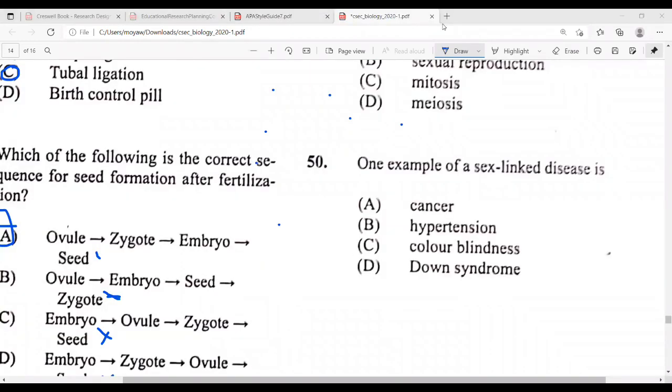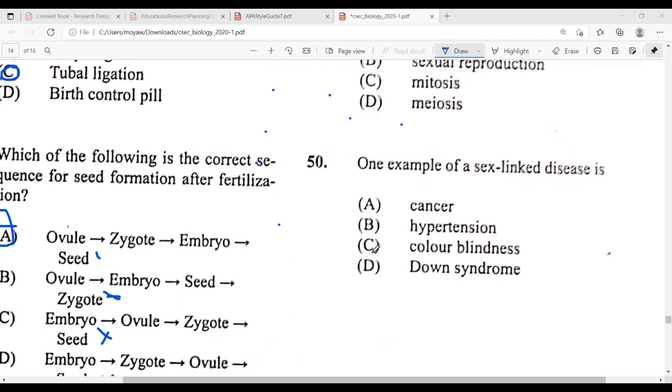Question 50. One example of a sex-linked disease is, we have A, cancer; B, hypertension; C, color blindness; and D, Down syndrome. We all know that cancer is definitely not a sex-linked disease, but cancer can be hereditary. Then B, hypertension is also not a sex-linked disease. It is really a physiological disease.